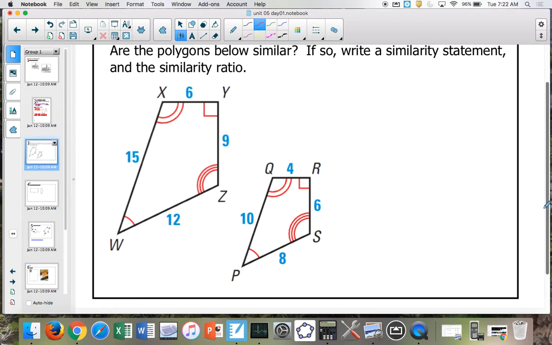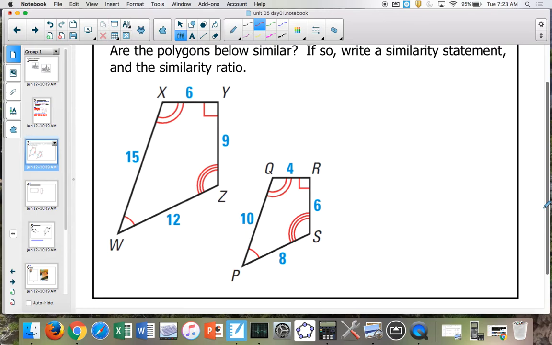Are these two polygons similar? If so, we have to write a similarity statement and then the similarity ratio. Well, let's first decide, are the polygons similar? So the first thing you have to do is look at all the angles. Are all the corresponding angles congruent? And the answer to that is yes. Angle W is congruent to angle P, angle X with angle Q, angle Y and R, angle Z and S. So now the only other thing we have to check is that the ratio of the corresponding sides are the same.